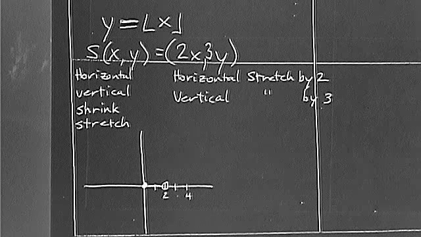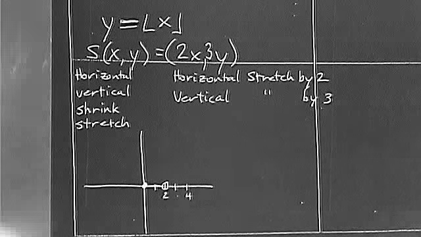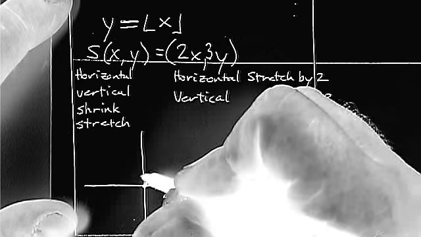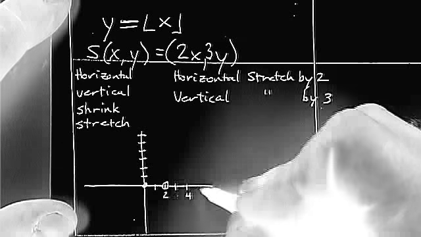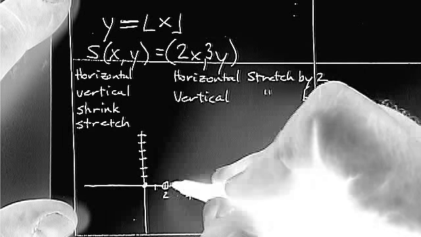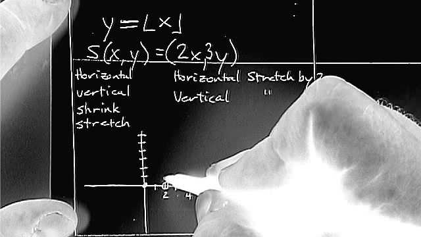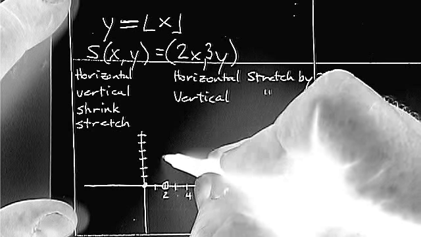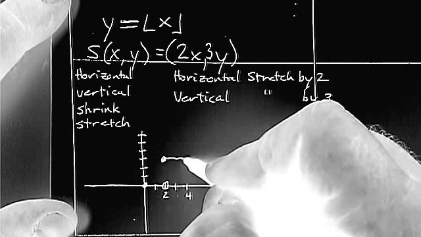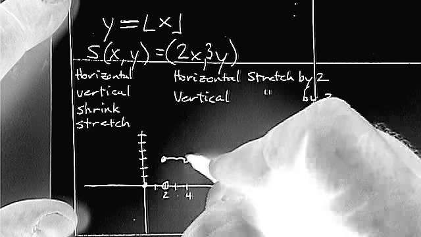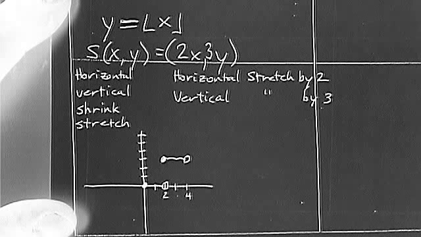Well, if you do a vertical stretch by 3, that means that the jump does not take just 1 step up, it takes 3 steps up. And yet, the length of each step is 2 units long.